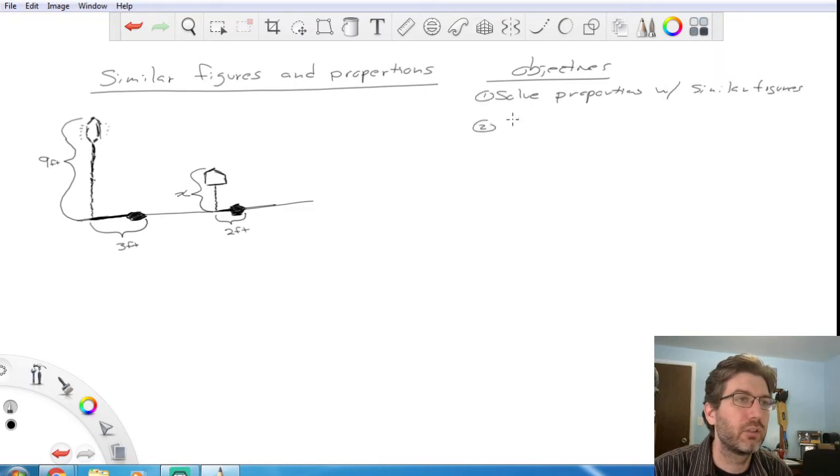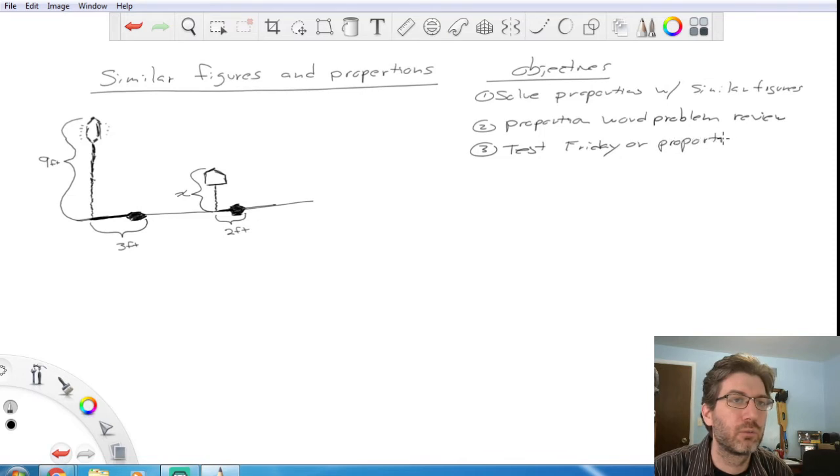Our second thing we're going to do is some proportion word problem review, and I'm looking that you have a test on Friday on proportions and ratios. So that's what we're looking at today.